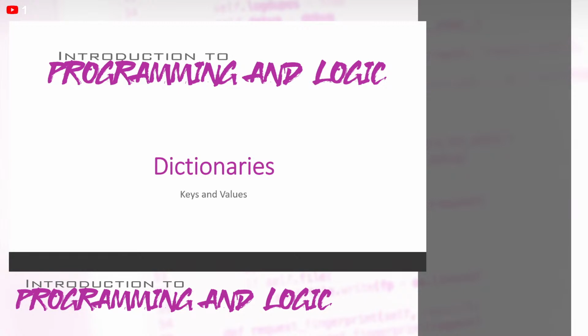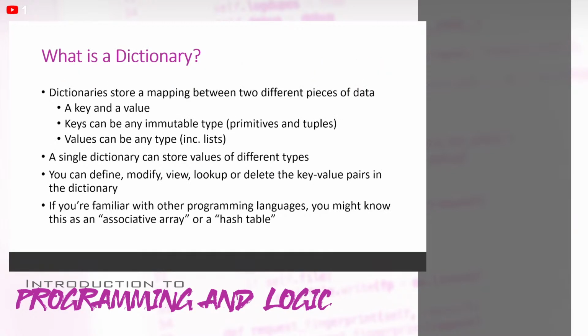So we're going to finish up talking about dictionaries today. Last time we talked about how we could create a dictionary and identify different things in a dictionary. We defined what dictionaries were. Just as a quick review, a dictionary stores a mapping between two different pieces of data.